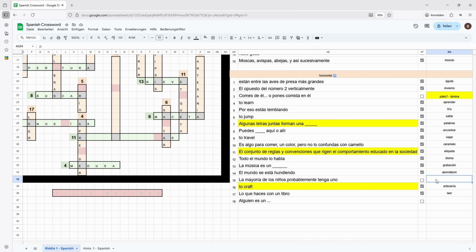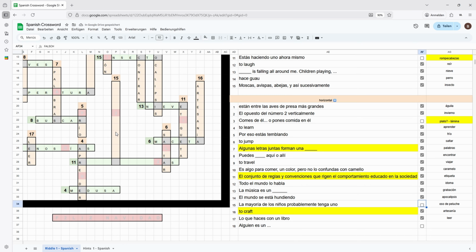Okay. We are trying it. It works with the letters, so that's good.